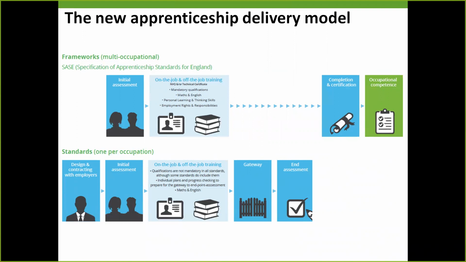When designing the curriculum around this, in some of the standards, and in particular customer service practitioner may be one of them, it's not specifically written into that standard about things like equality and diversity in its widest sense, in the sense that we know it.